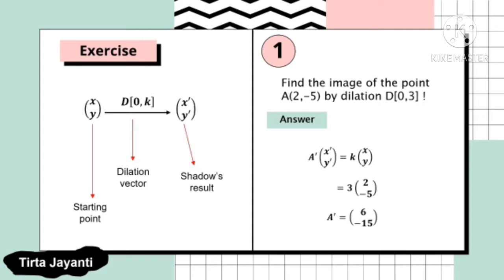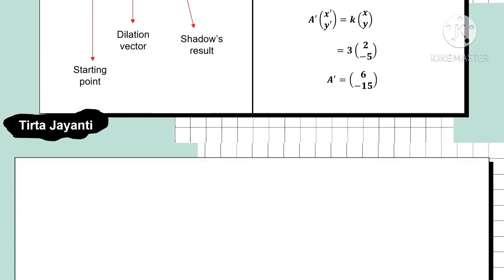From the problem above, we know that the k value is 3 and the starting point is (2, -5). So we just have to multiply it, so the value of A prime is 3 times (2, -5), and this is equal to (6, -15).